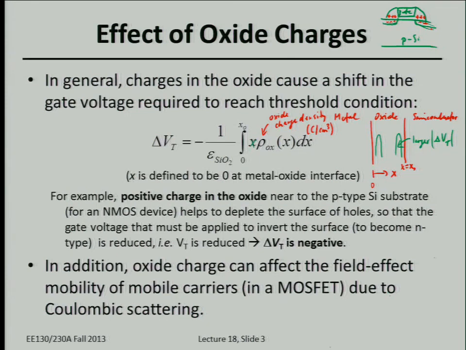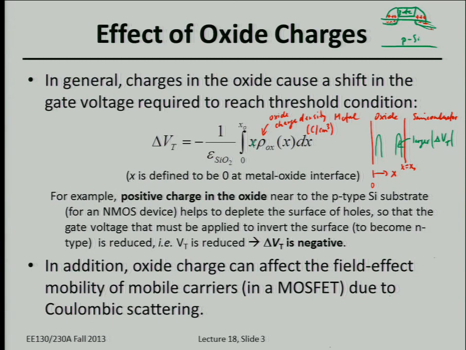But also, Coulombic scattering. The influence of charge in the oxide can affect carriers. If there are electrons flowing across the interface, or along the interface, they can feel a Coulombic force due to the charge in the oxide, so they can be scattered more.